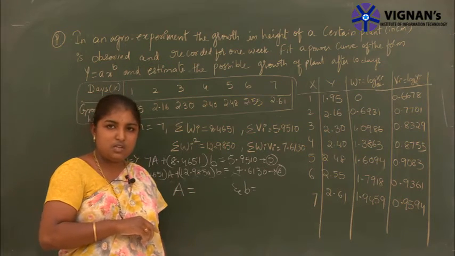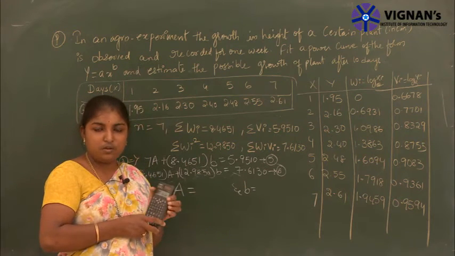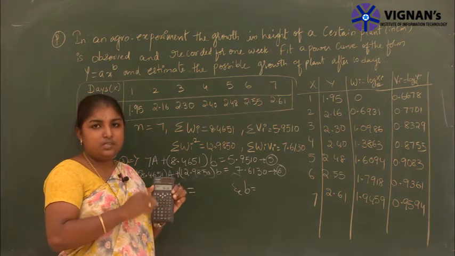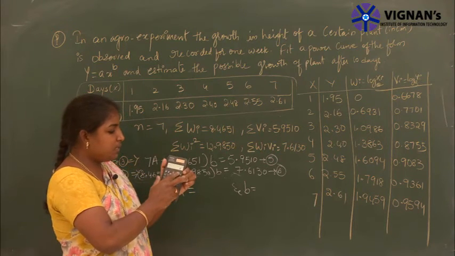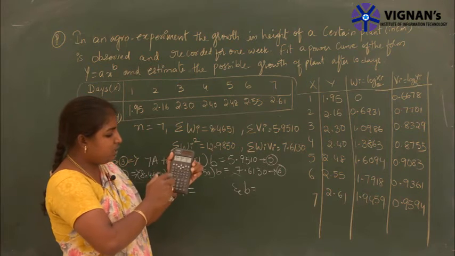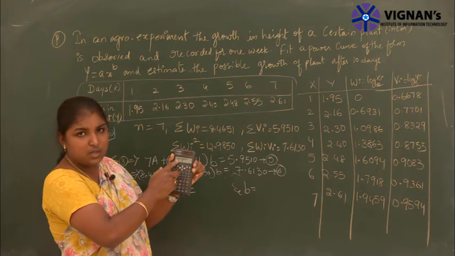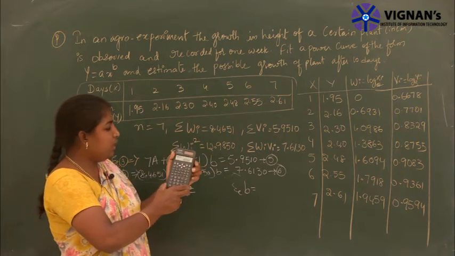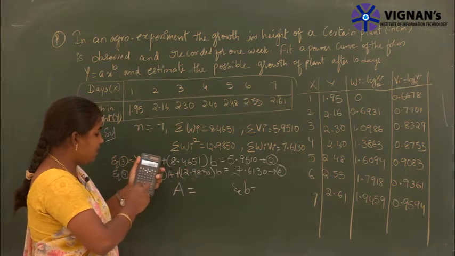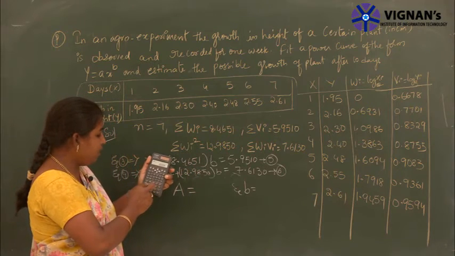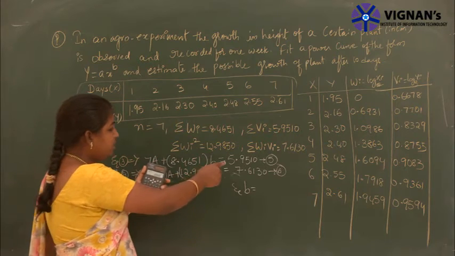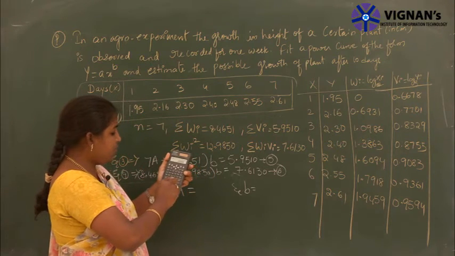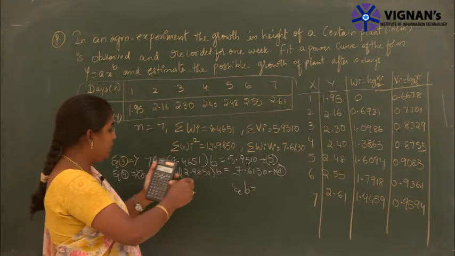For solving these equations, again we use the calculator. We change the calculator mode into equation mode. Press mode 3 times, we get equation, and 2 unknowns we have. So press 2. Give the values 7, 8.4651, equal to, constant 5.9510, equal to.